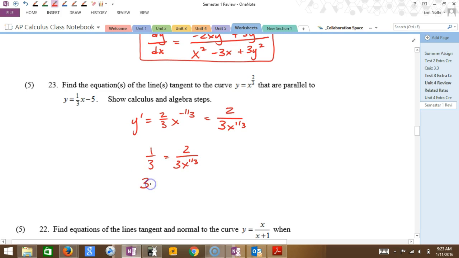It's going to give me 3x to the 1/3 is equal to 6. Divide by 3. And then last step to get rid of the 1/3, cube both sides. So everybody follow that, x is equal to 8.